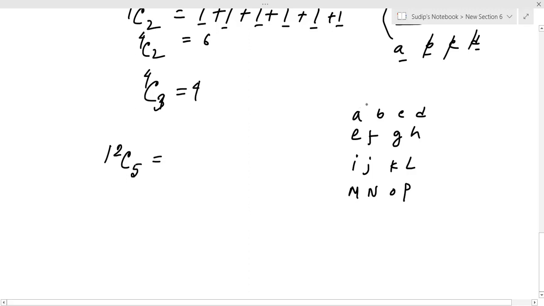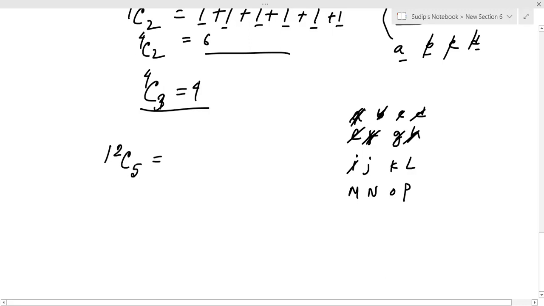What we should do is get a formula which will make our calculations easy. Otherwise it is very tough to find the options. How many types of 5 balls can you take? A, B, C, D, E, or A, F, G, H, I, or A, B, F, G, H. If you want to make a list like this, it will be impossible to find the value of 12 choose 5.